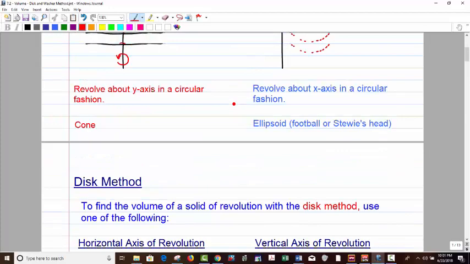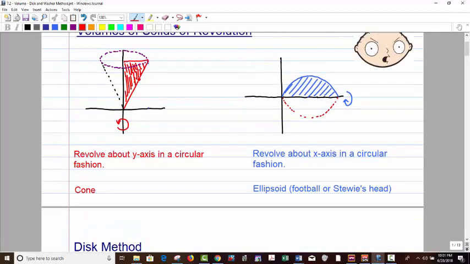For example, let me go back up to this triangle and show you that this would be the disk method going around the y-axis. But now you have to use your imagination and visualize this triangle revolving around the x-axis. It would come down and you would have a shape like this, and then circular all the way around, so it would be like a volume.